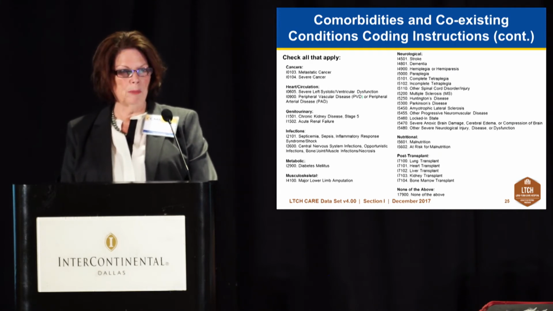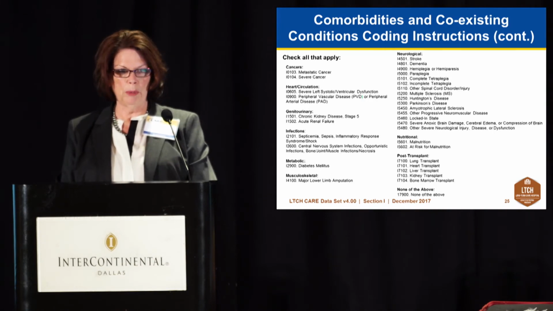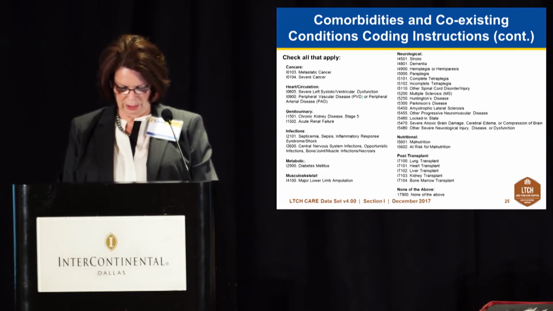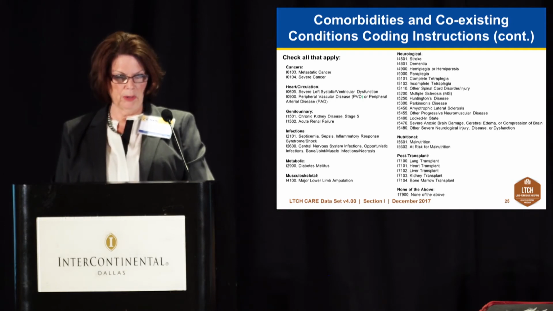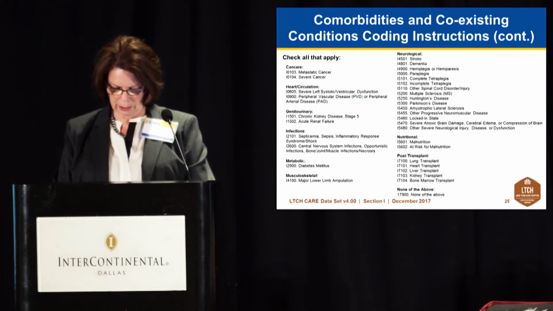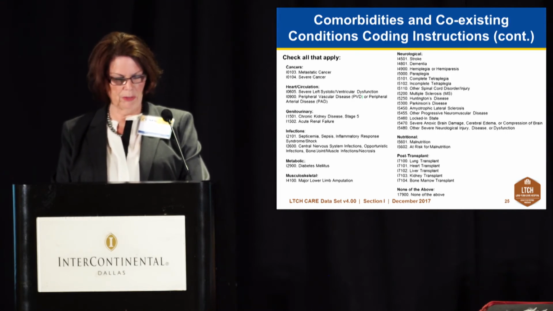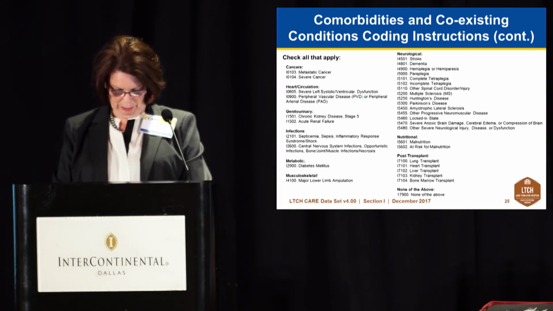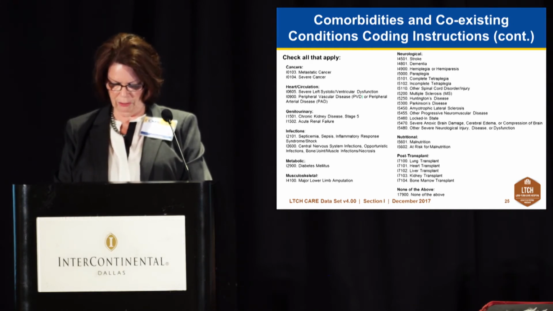This slide just summarizes the entire section I, all the comorbidities and coexisting conditions that are available for you to select. One of the things that I'd like to note on here, we've gone over the metastatic and severe cancer. The data element under cardiac, this severe left systemic ventricular dysfunction is defined by the patient's ejection fraction.